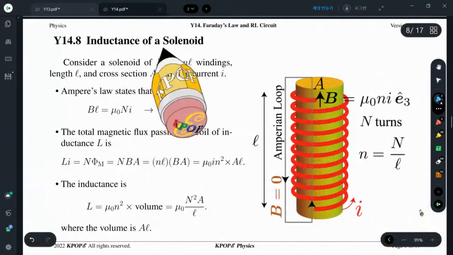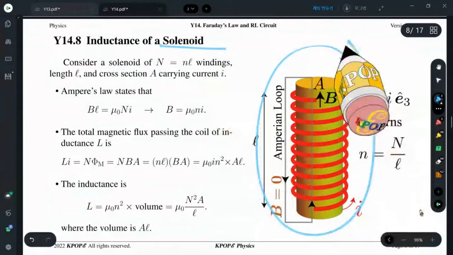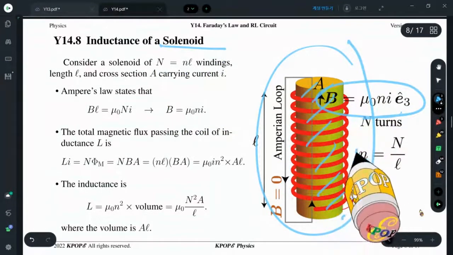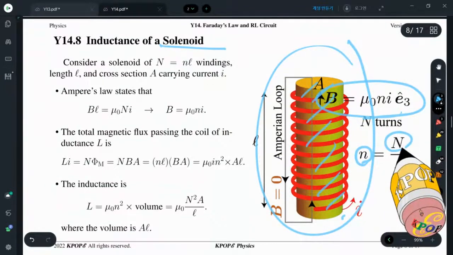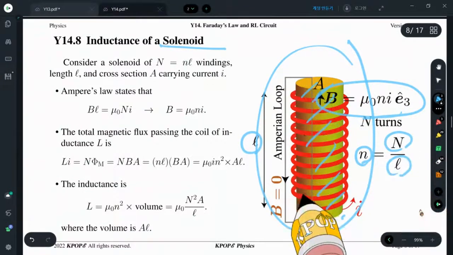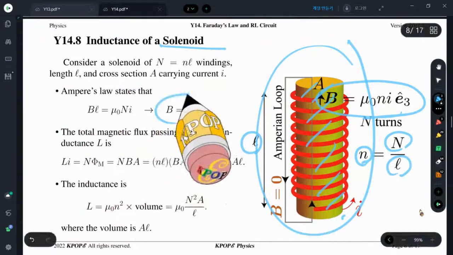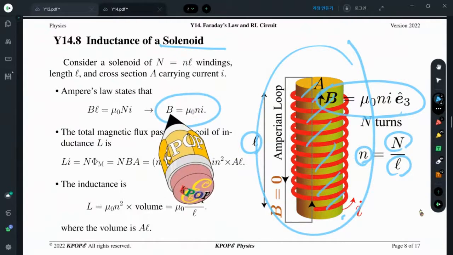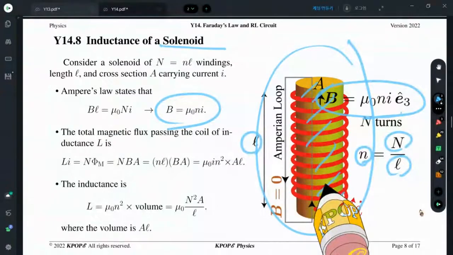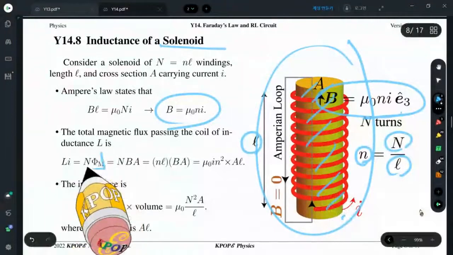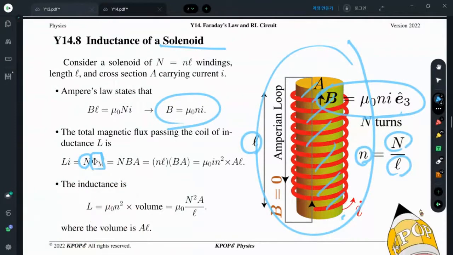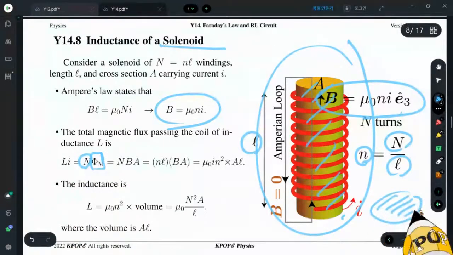Inductance of the solenoid. We know the solenoid and we know how to compute the magnetic field inside it, where small n is the number of turns divided by the length of the solenoid. The number of turns is multiplied by the single flux passing through a closed circuit.